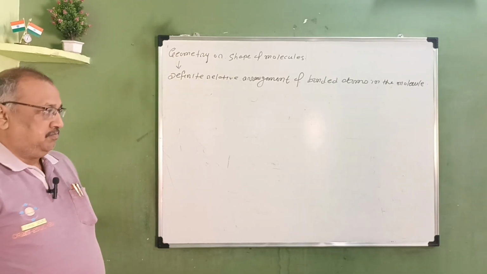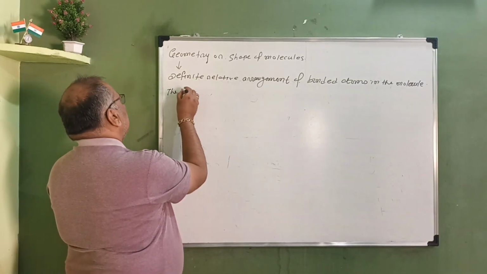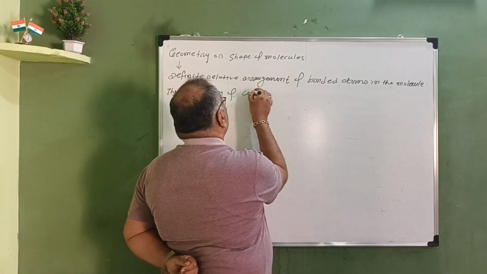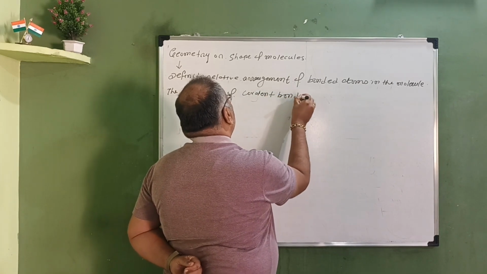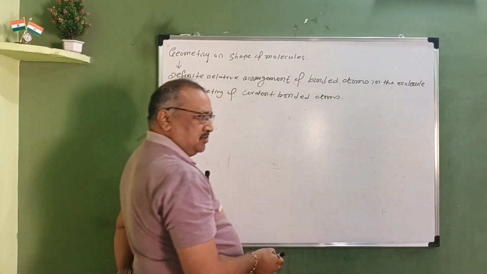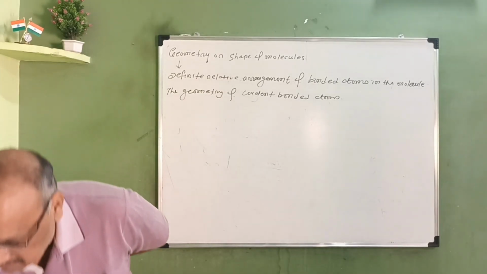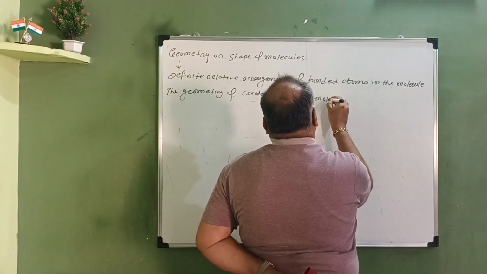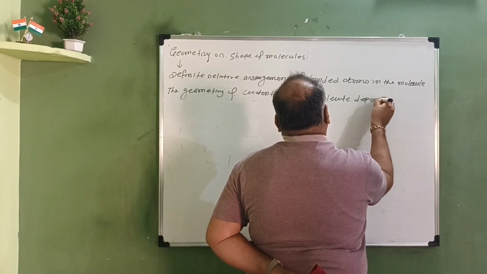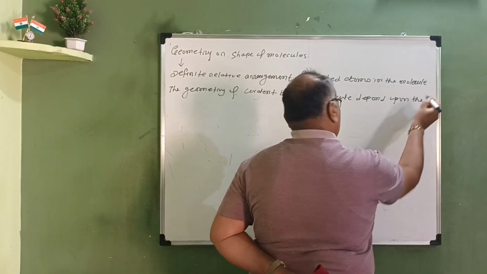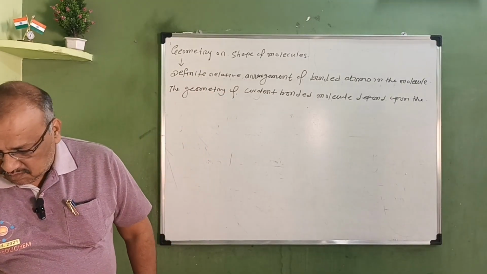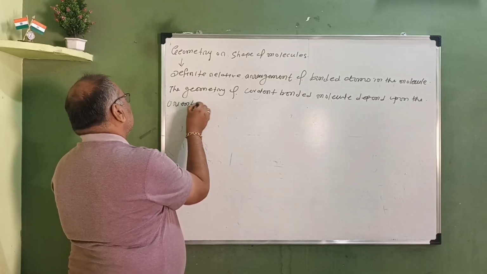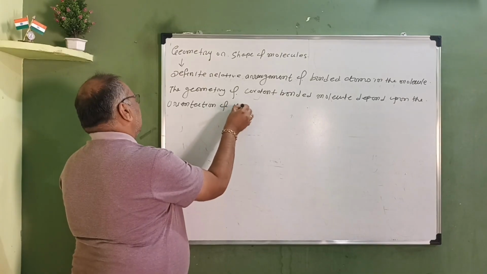The geometry of covalently bonded molecules depends upon the orientation of the atoms in the molecule.